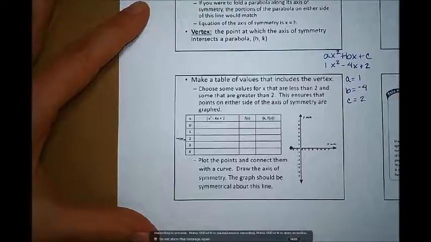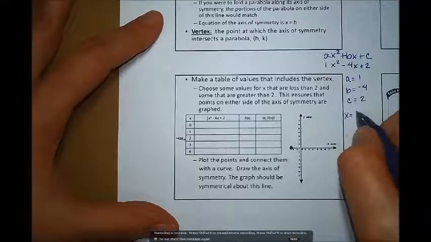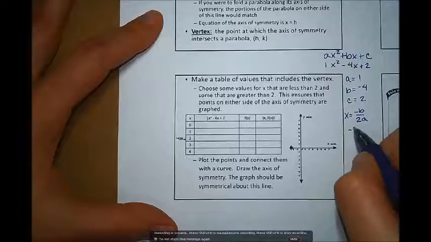In order to find the x-coordinate of the vertex, or the axis of symmetry, you say x equals negative b over 2a, like we just saw in the last slide. So we need negative negative 4 over 2 times 1.